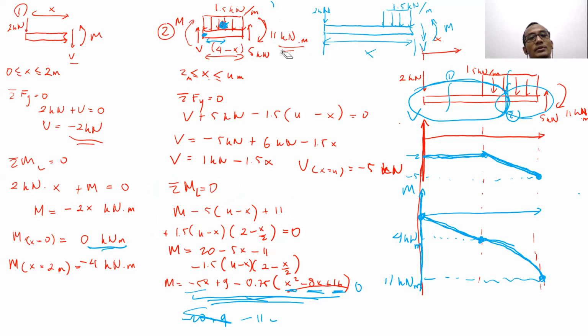Remember, when we talk about distributed load, in order to calculate its effect, we have to convert it to force first. How can we convert it to force? We have to multiply the distributed load with the length where it's applied, right? Yes.